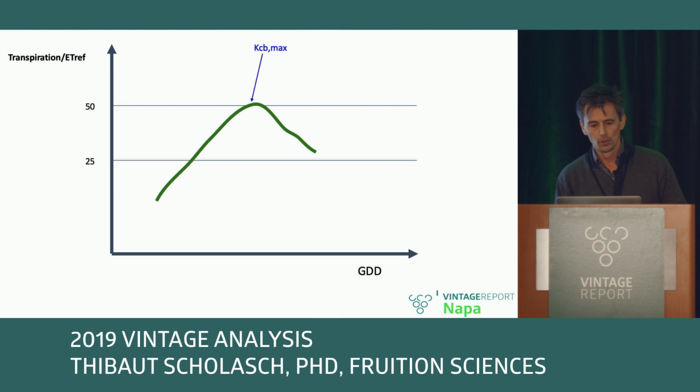Technically speaking, we use the amount of sap flowing into the plant divided by the climatic demand to see if, days in, days out, the plant is putting on more leaves to transpire, which translates into the first part of this graph. You see that as time goes by, on a daily basis, the plant is using a greater fraction of the climatic demand to vaporize water into the air.